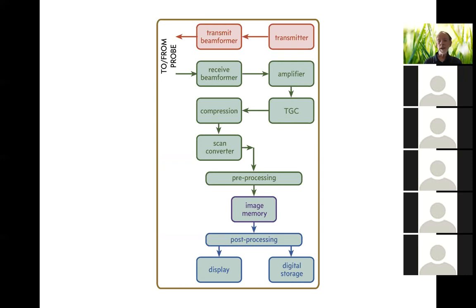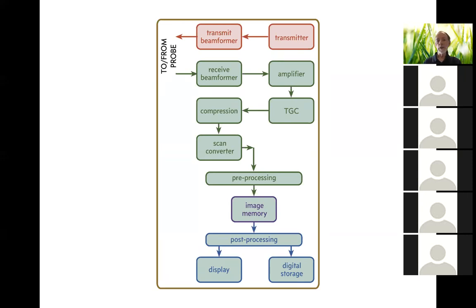That then sends the transmit signals to the individual elements within the probe to create the focused beam and to steer it if necessary. As the ultrasound is traveling through the tissues, echoes are coming back, the machine is detecting those. The echoes go to the receive beamformer, which looks very similar to the transmit beamformer.